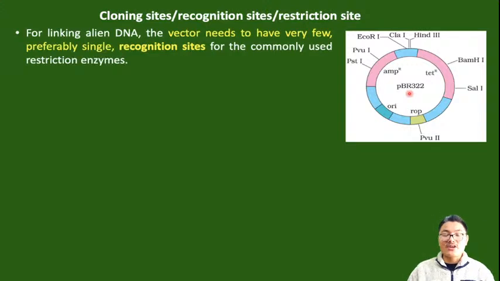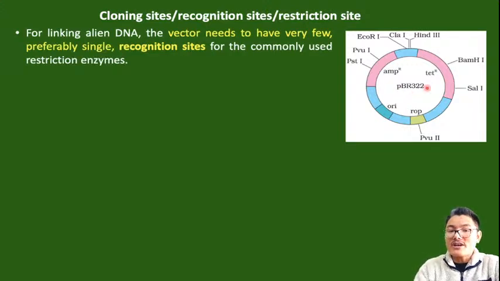Whenever we are looking for a good cloning vector, it should have only one recognition site for one enzyme. If it has two or three, it's fine, but it should have fewer restriction or cloning sites, so that we can easily link the alien DNA, the foreign DNA, to the vector, if the vector has very few or preferably a single recognition site.